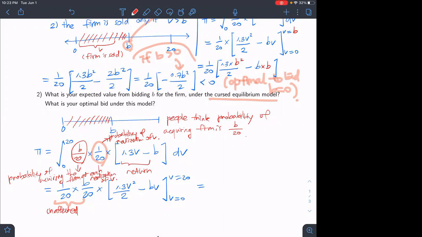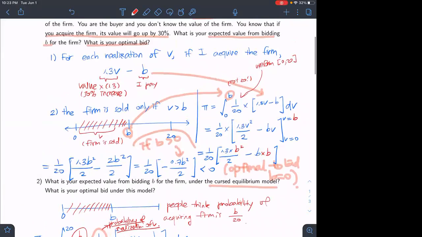The first one is the probability that we have one realization of V, and then for each realization of V, the guy is incorrectly thinking that I'm going to acquire the firm with probability B/20. So I think this is the rationale standing behind this equation.